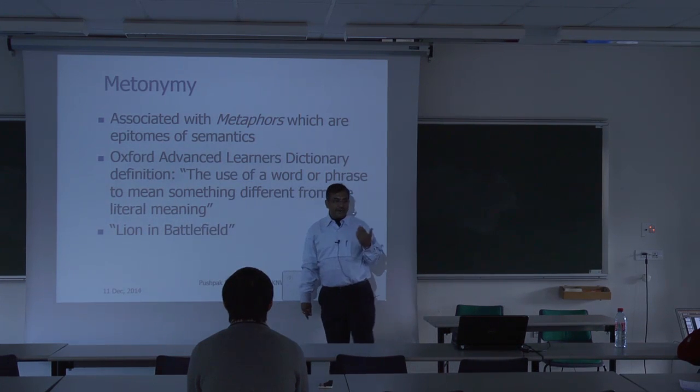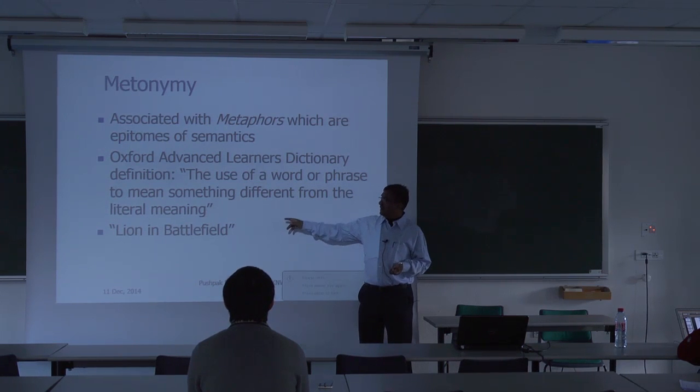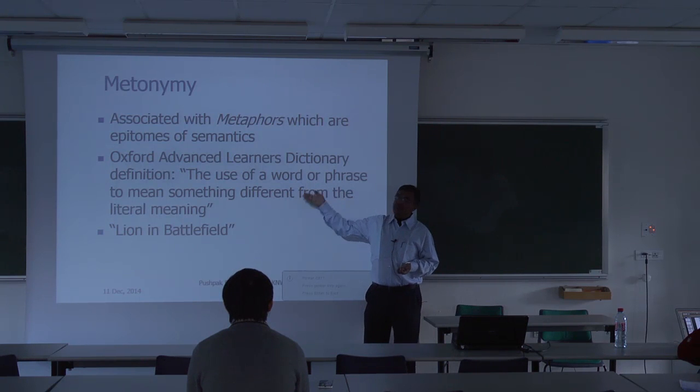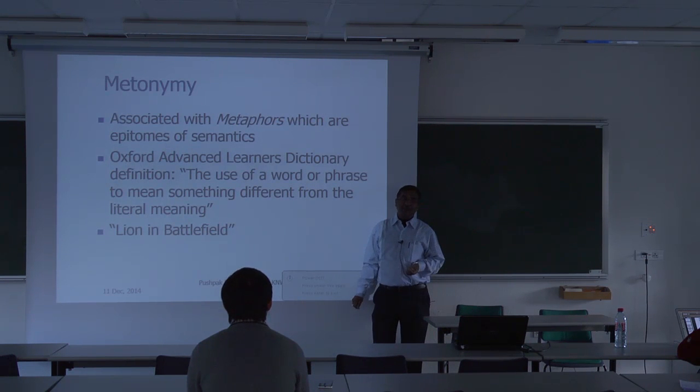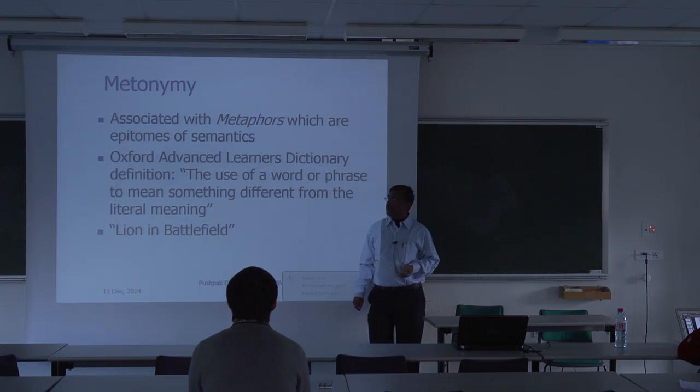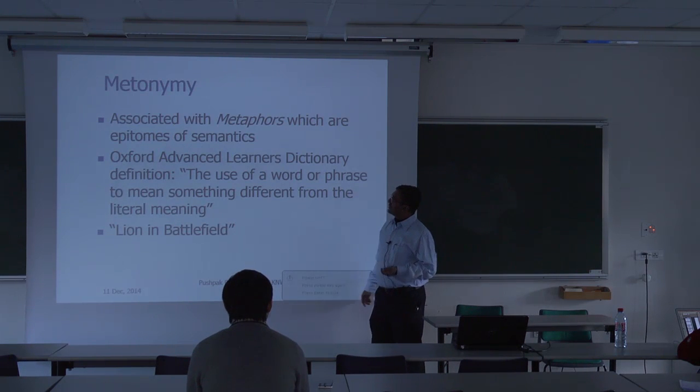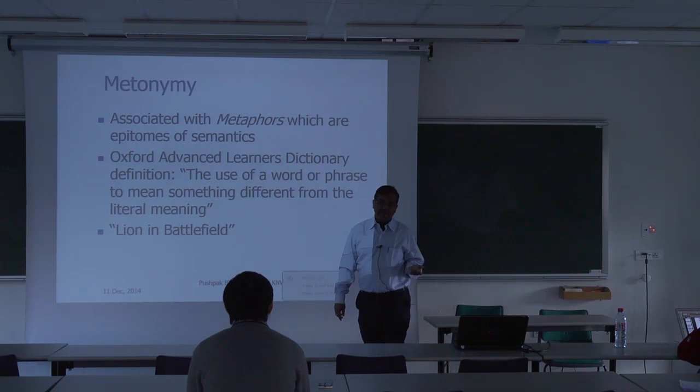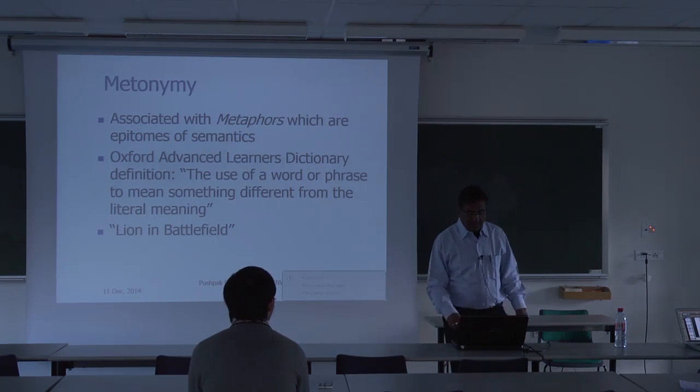But lion is a metaphorical usage, and this kind of metaphorical relationship is being captured now in the next version of WordNet. That is of course a very, very intricate task again, and I have a lot of observations on metonymy, but we do not have time today.